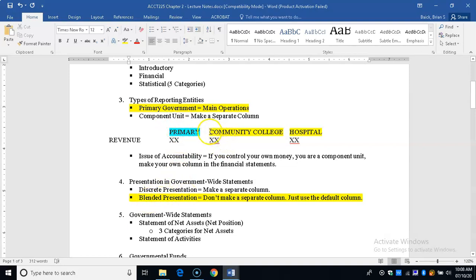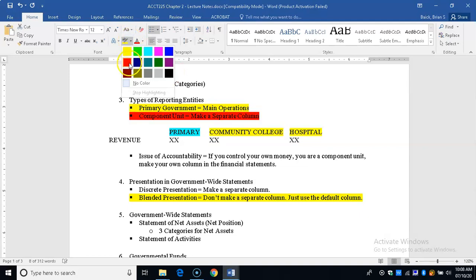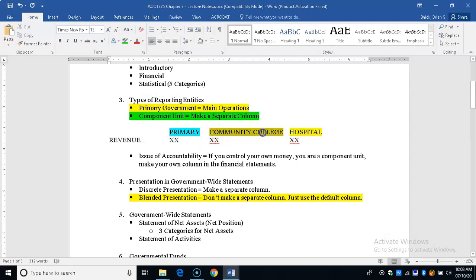Now, what if I decide to make a separate column? If I make a separate column, the separate column is called a component unit. So community college and hospital, these are component units. And when you make a component unit, separate column, that's also called discrete presentation.